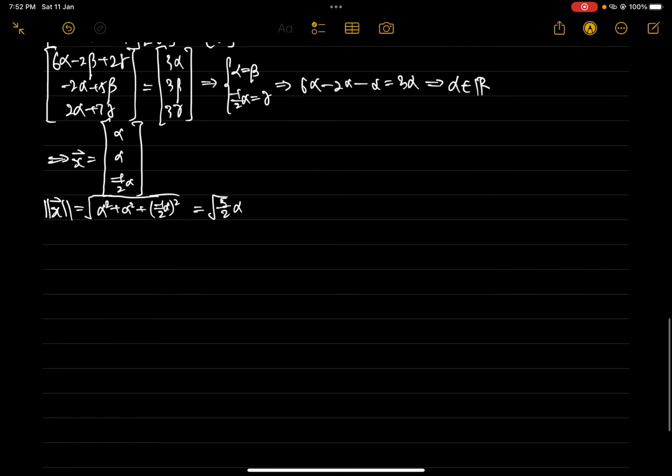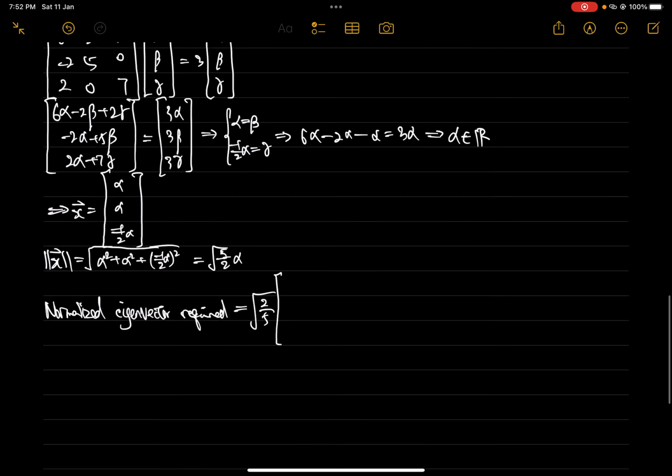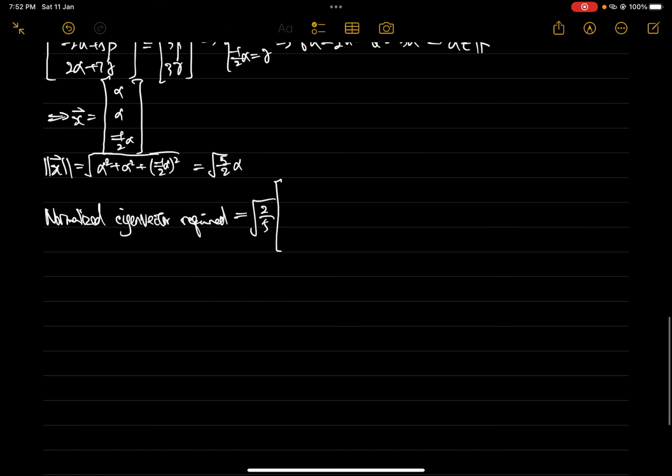And which means the normalized eigenvector required is equal to 1 over the length of x, the modulus of x, times (1, 1, negative 1 over 2). And that's it for this question. Very simple.